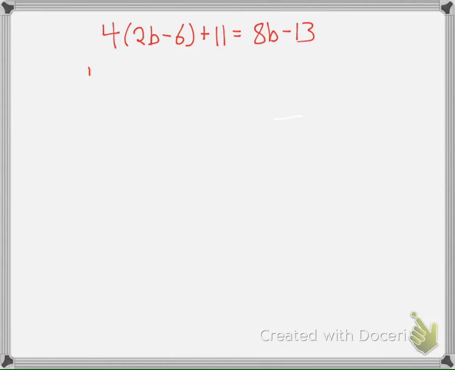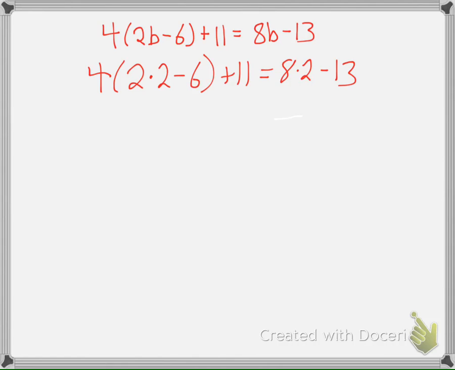So if I use 2, I have 4 times 2 times 2 minus 6 plus 11 should equal 8 times 2 minus 13. Now, another thing that is good to know, since you have scientific calculators, is that a scientific calculator will use order of operations.